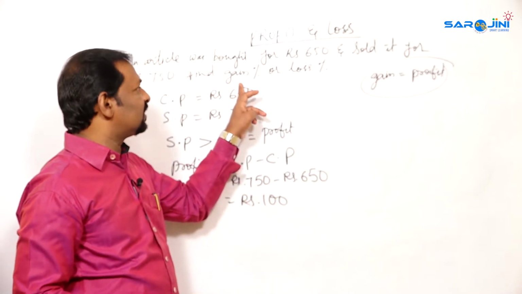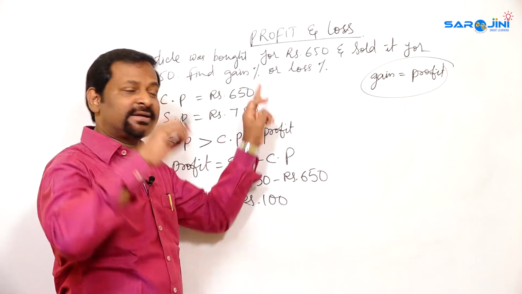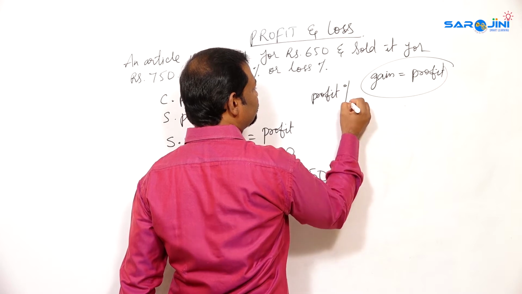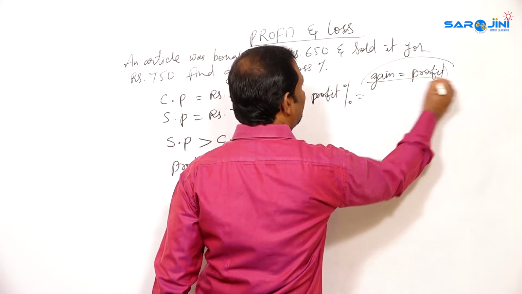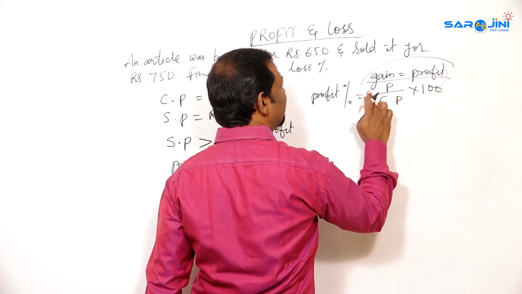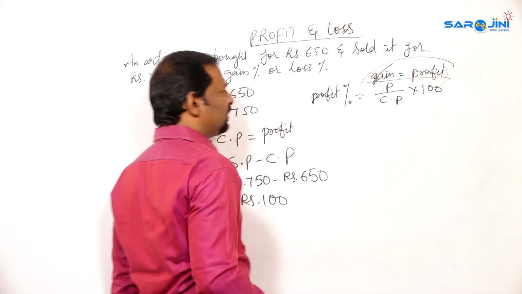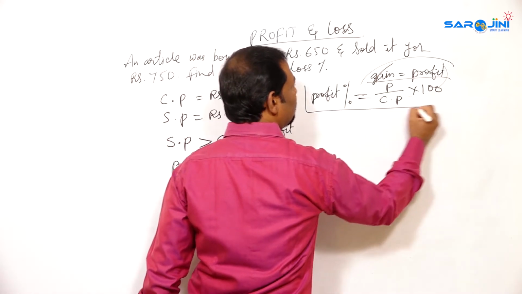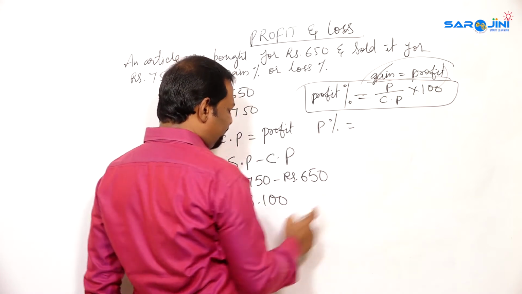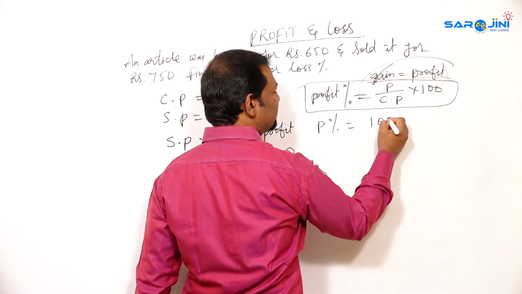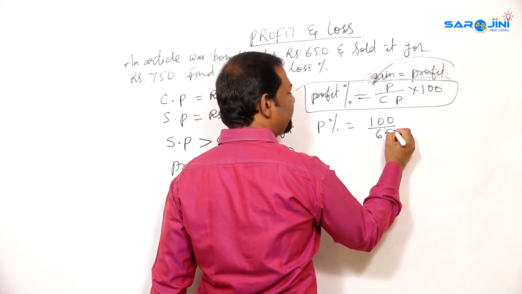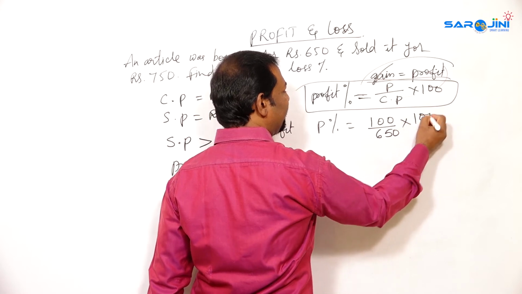But in the question, he asked you to find out the percentage. That means profit percent is equal to, what is the profit percent formula? Profit by cost price into 100. In the last episode, I gave full details about the formulas and percentages. So profit percent is equal to the profit you got, 100 rupees, by the cost price, 650 rupees, into 100.